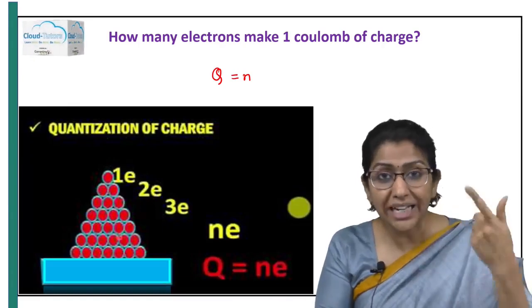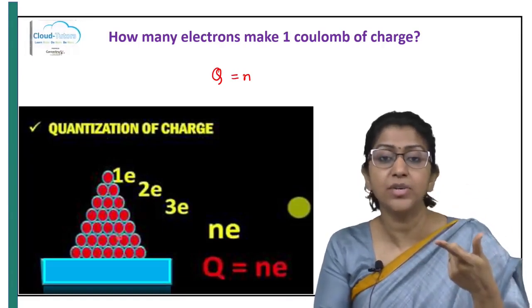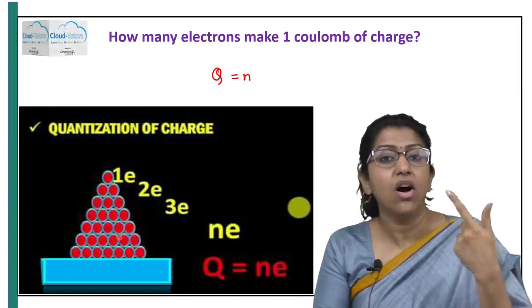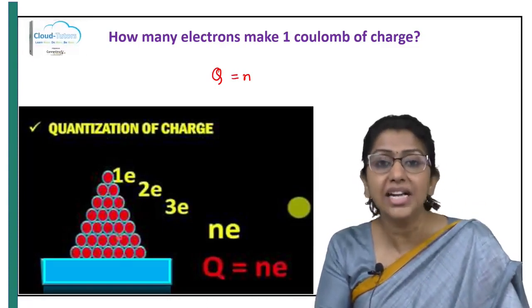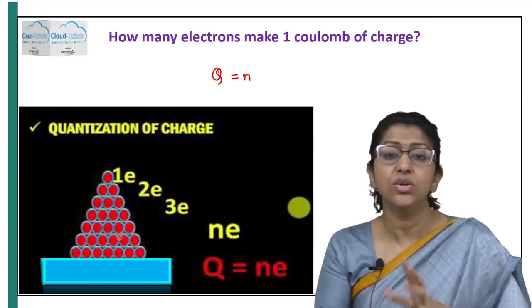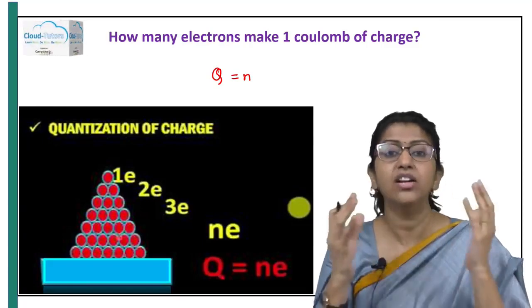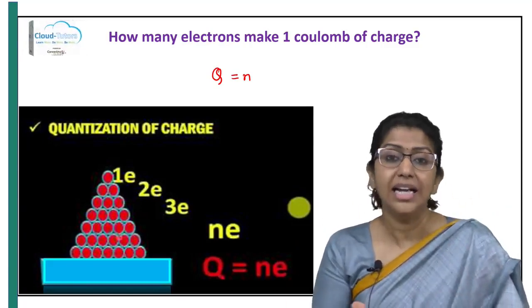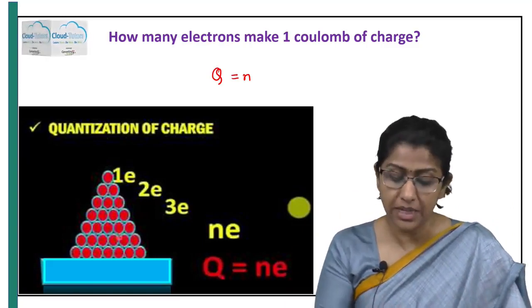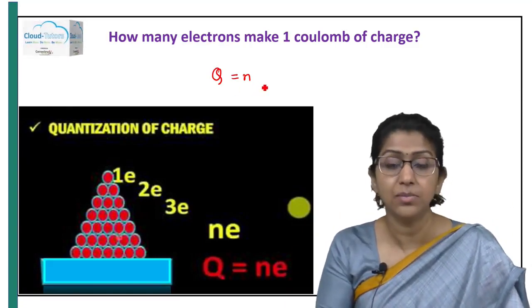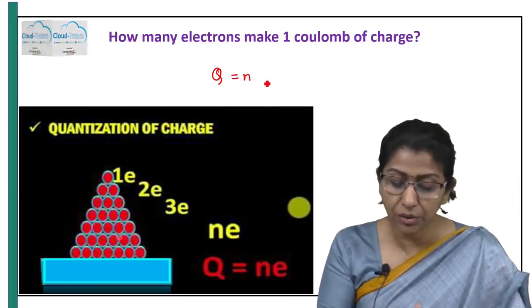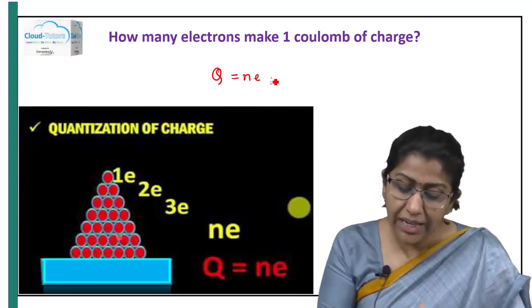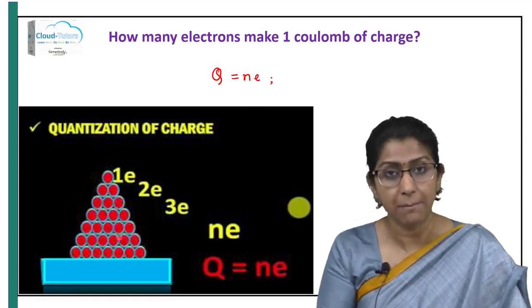How many times this electron charge is present on the object is what we call quantization of charges. So if an object has an electric charge of Q coulombs, this can be written as N into E, where N is a whole number.